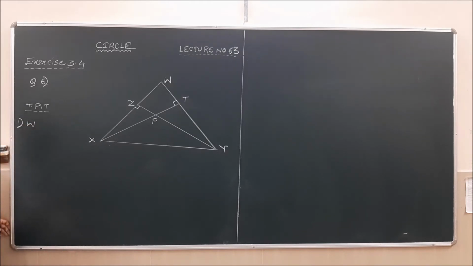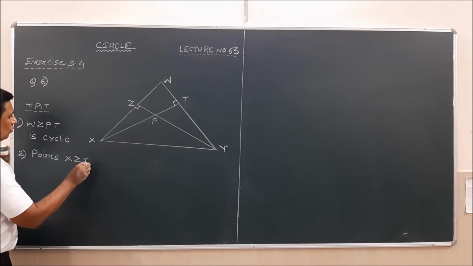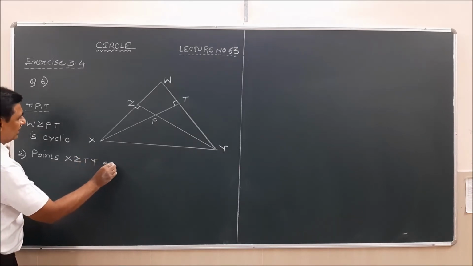To prove that, we have to prove two reasons. First, that the quadrilateral WZPT is cyclic, and second, that points X, Z, T, Y are concyclic.